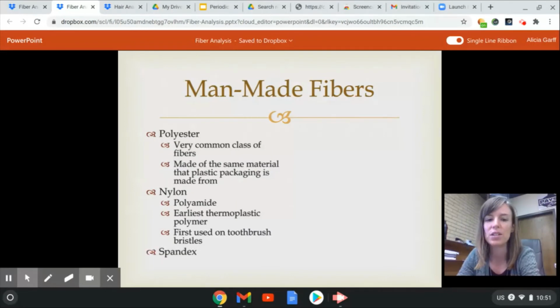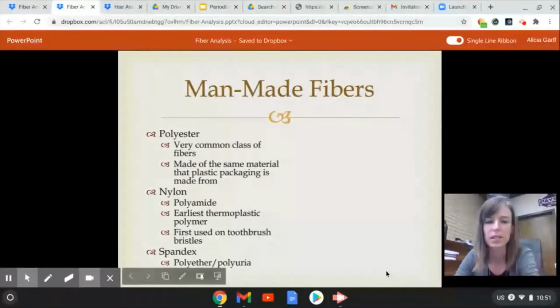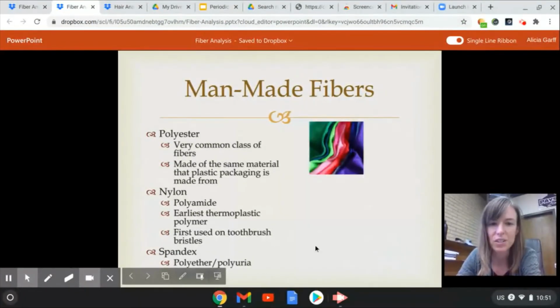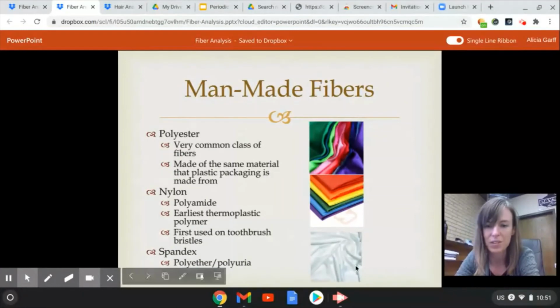And the last one is spandex, which is made of two sorts of polymers, polyether and polyurea. And here's a picture of polyester. Obviously, you guys know what nylons look like, but nylon doesn't have to look just like the fabric that nylons have. And spandex, obviously, is very elastic, very stretchy.